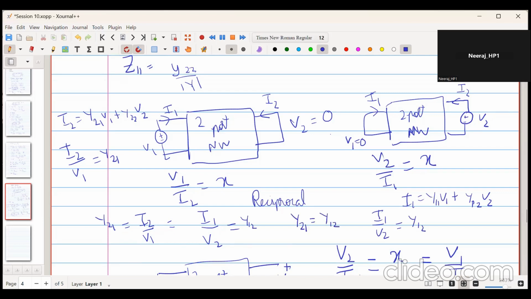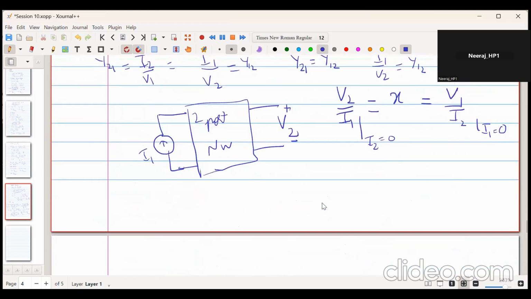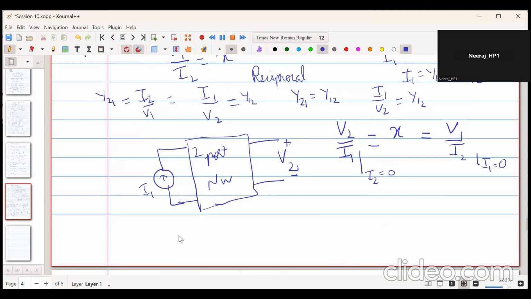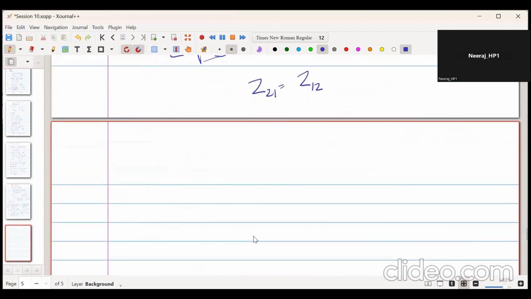Y21 should be equal to y12. This is for y parameters. Okay. Any doubts in this? I hope not. So similarly, we can do it for open circuit parameters also, and you would get Z21 should be equal to Z12. This is for open circuit parameters. Right?